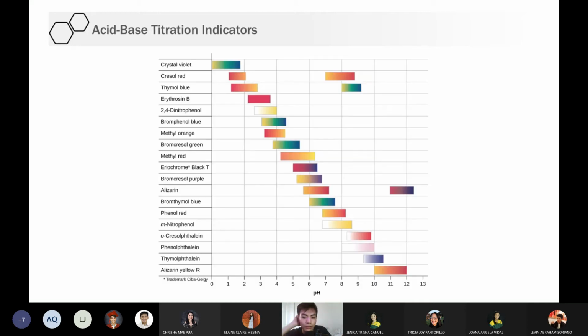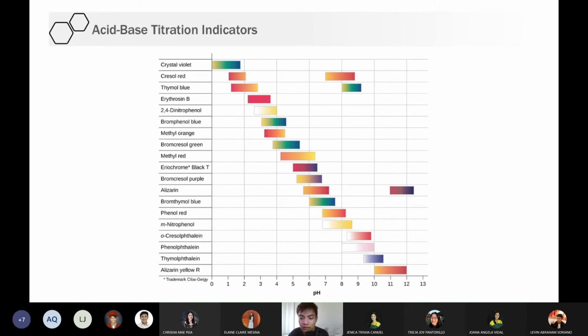Okay. And marami pa kasing uri ng titration talaga, no? So sa lecture ko, I don't know if na-discuss na to sa inyo. There are various types of titration. We have the acid-base, the precipitation, the complexometric, and then the redox, no? May corresponding pH sila.